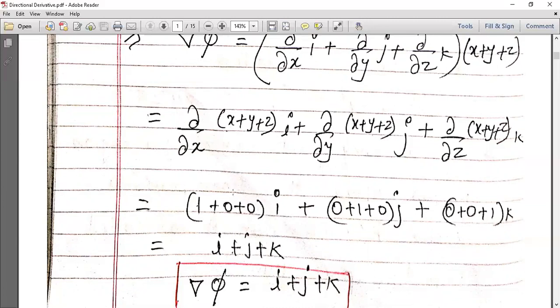Differentiating with respect to x gives 1 for x, and the other two variables give zeros. In the same way, dou by dou y of x plus y plus z gives 1, since x and z give 0. And with respect to z, x and y give 0 and z gives 1.